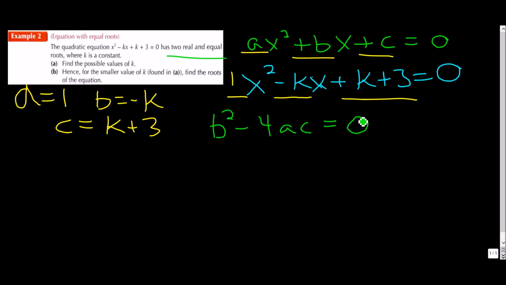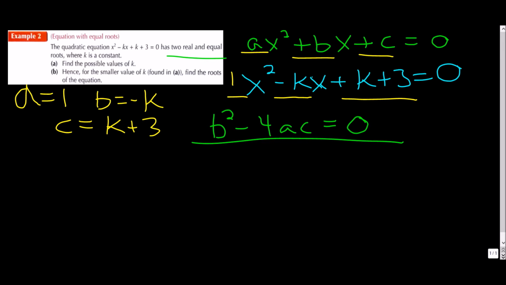So that's what two real and equal roots means. It means that we're going to have a discriminant equal to 0. Now, since we know what a, b, and c are for this particular problem, we can go ahead and use that. This is the scaffold for the whole problem. We're going to use the specifics and try to figure out what values of k can make this work.